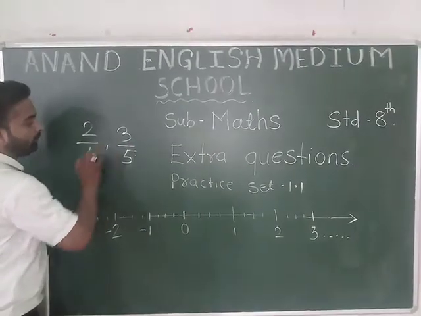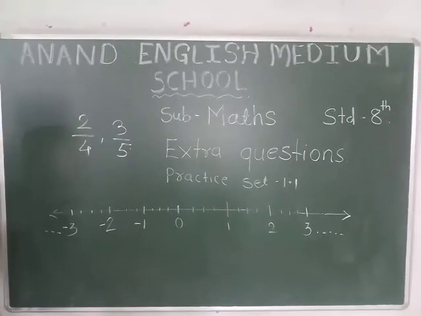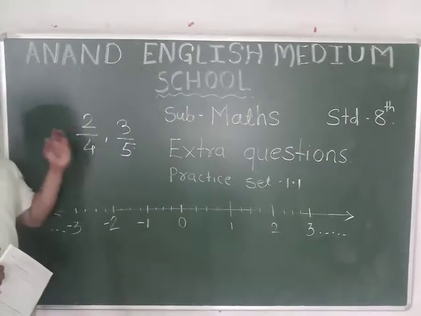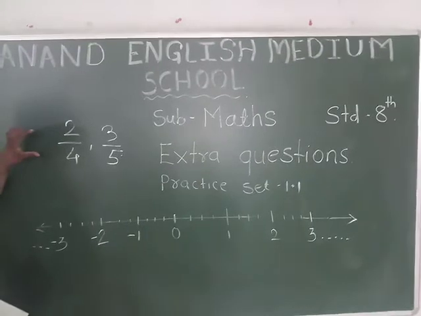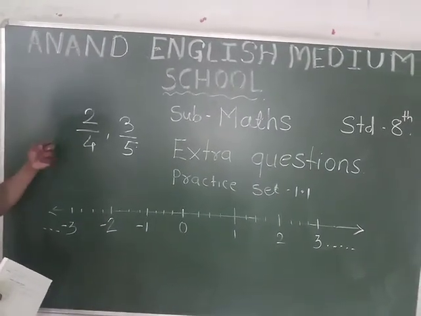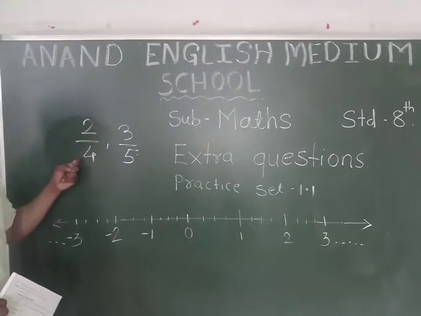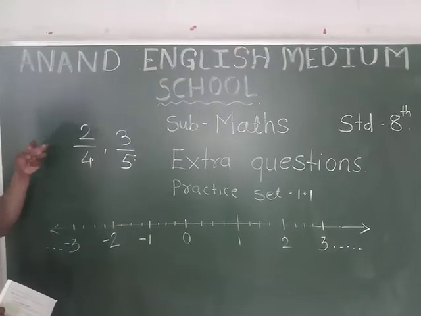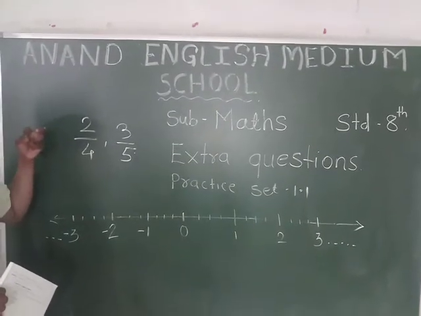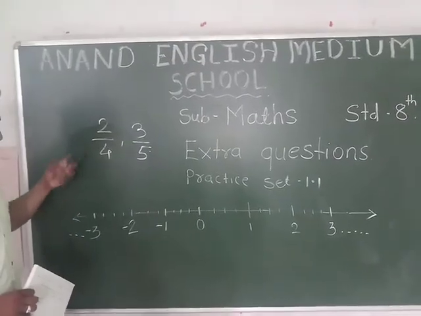But how are these numbers plotted on the number line? I already told you that the unit of the number line is based on the denominator. Have you understood? The unit of the number line depends on the denominator.